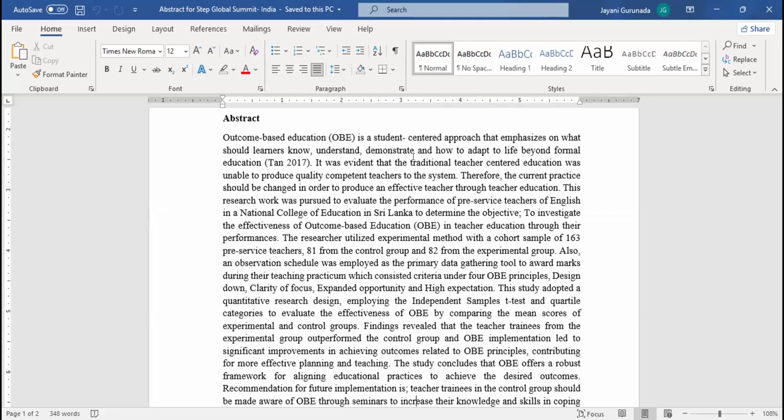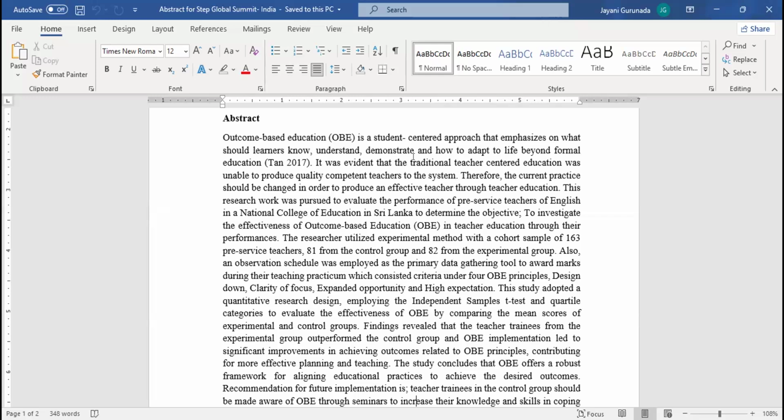Then the researcher utilized... In action research, you can use I, but you can write author. The author and the researcher utilized experimental method with a cohort sample of 163 pre-service teachers. So I have written the designs: action research.